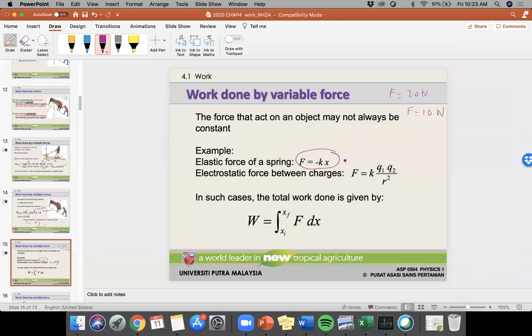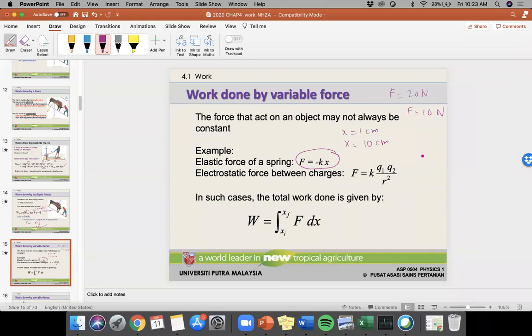No, it's not actually constant. If you move your box by 1 centimeter, the force is different, and if you move your box by 10 centimeter, the force is different, right? That is what it means when the force keeps on changing. There are certain forces that keep changing with a certain condition, and one of them is elastic force.